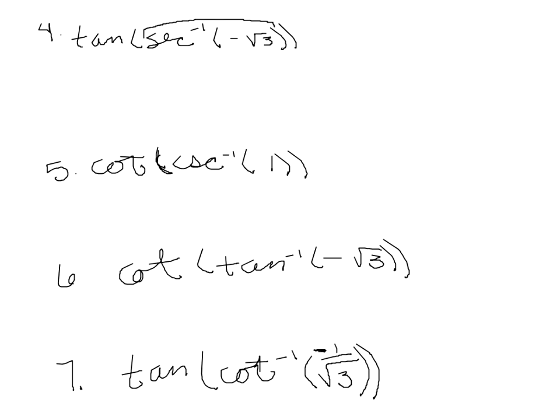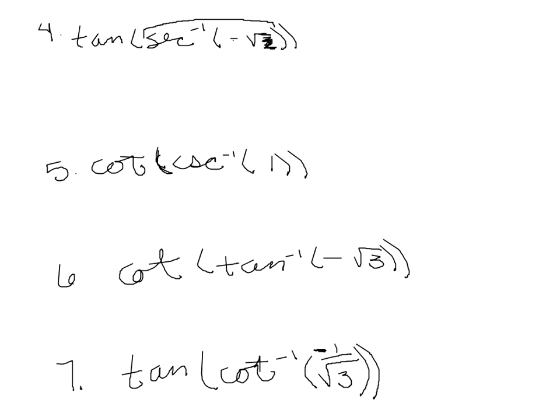Oh, that's a mistake. What's that supposed to be? Okay, so inverse secant of minus square root of 2. We find minus square root of 2 in the secant row, and it has to be in the black box.